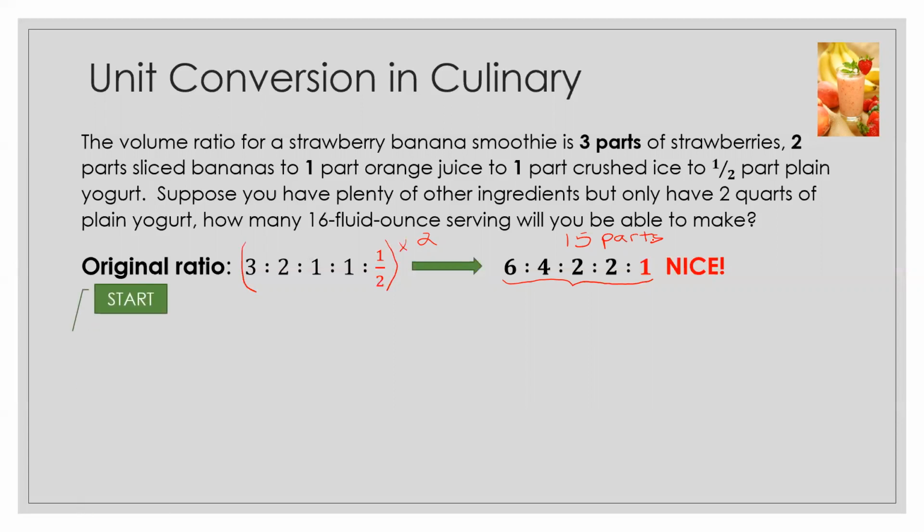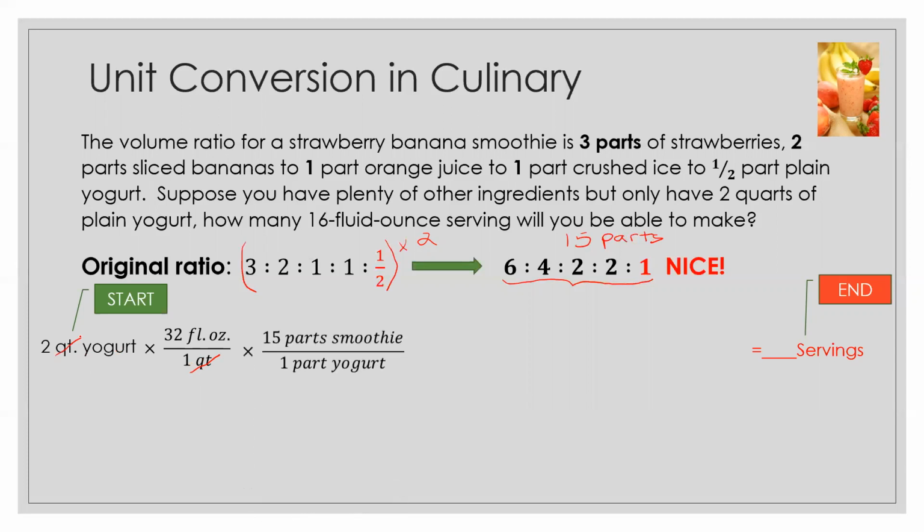Okay, so again, we are going to start with 2 quarts of yogurt, and we want to end with how many servings. All right, so 2 quarts of yogurt, we know that 1 quart is 32 fluid ounces, so quart cancels with quart. I am in fluid ounces of yogurt, okay? Now, I am not serving yogurt, I'm serving smoothie, so I have to change yogurt into smoothie somehow.